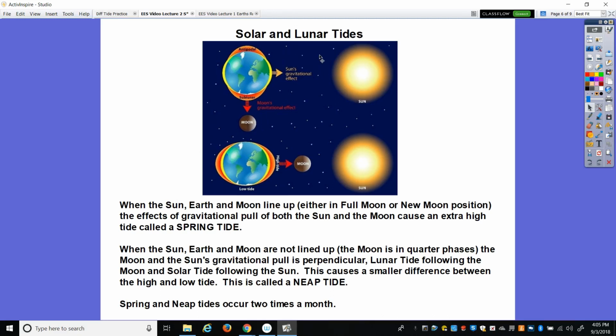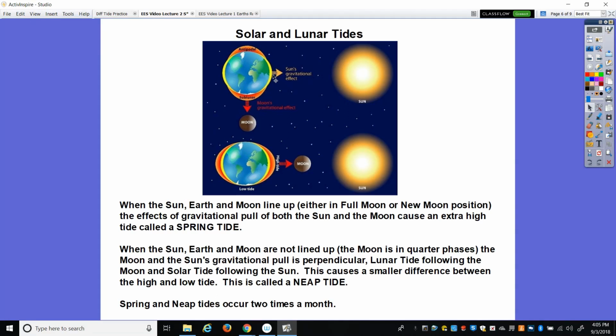Now there's two other positions of the moon as opposed to lined up straight in a line so that all the pull is linear. You could have the moon in the quarter phases, either up here or here, as in the illustration. So the sun still pulls its part of the water, this yellow portion, and the moon will pull this orange portion.